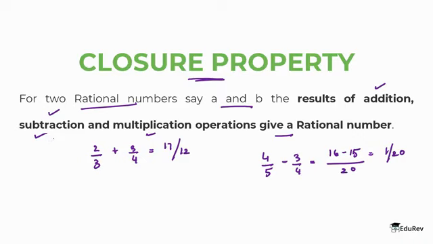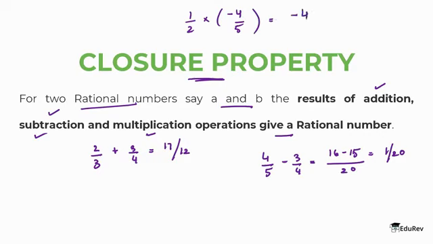In the case of multiplication of two rational numbers, the result is also going to be a rational number. Therefore, we can also say that in the case of multiplication, the closure property applies to rational numbers as well. Let's take an example in this as well. Suppose I have two rational numbers, half and minus 4 by 5, and I multiply them.